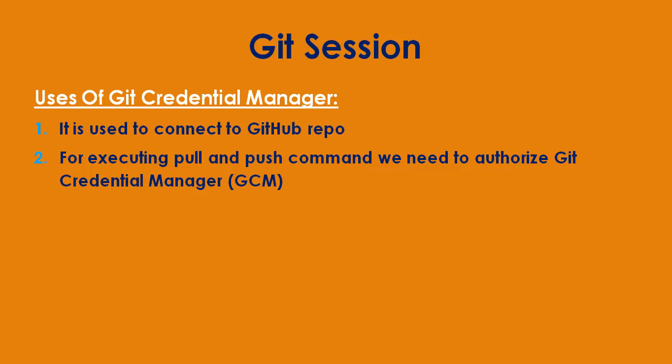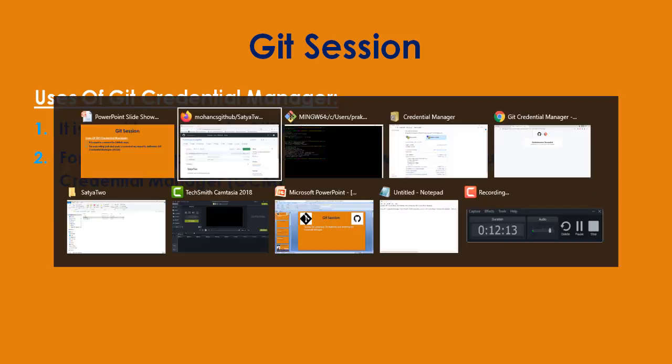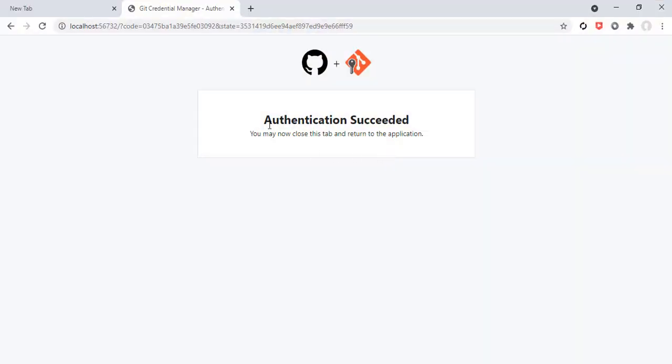So for executing pull and push commands, we need to authorize Git Credential Manager, as I showed you earlier, and I'll show you on the browser here. See, after authentication it will show the message authentication is succeeded. That means the Git Credential Manager is authorized successfully.